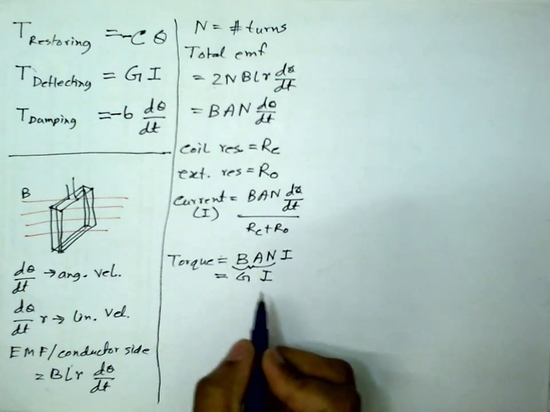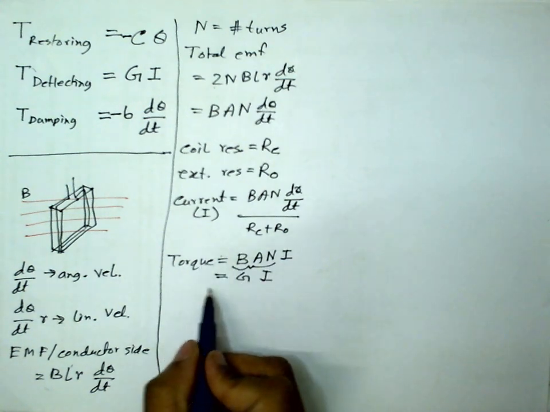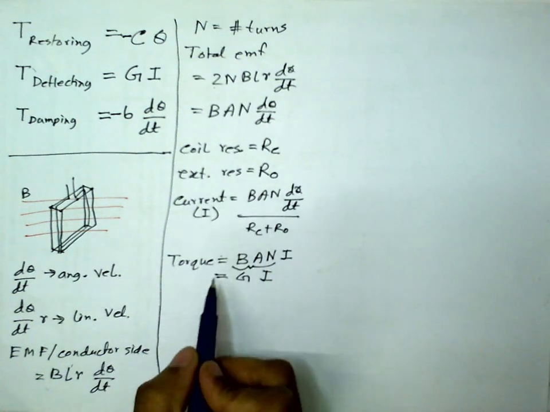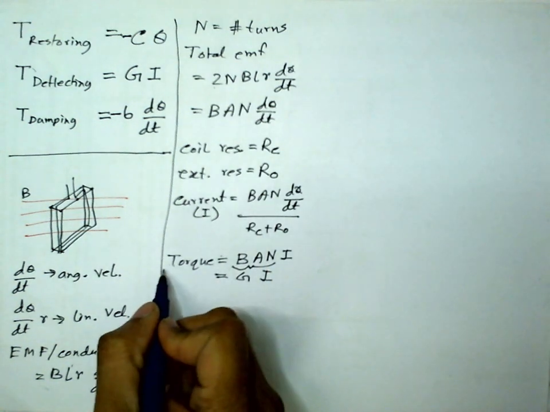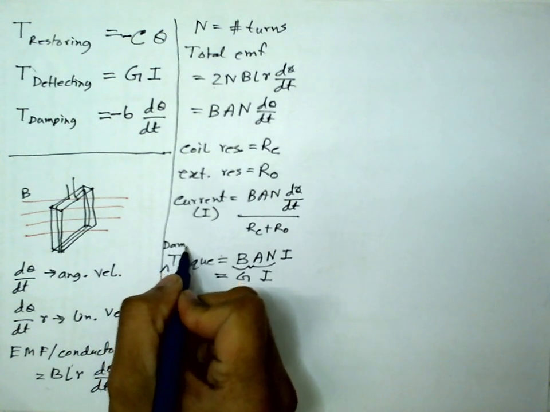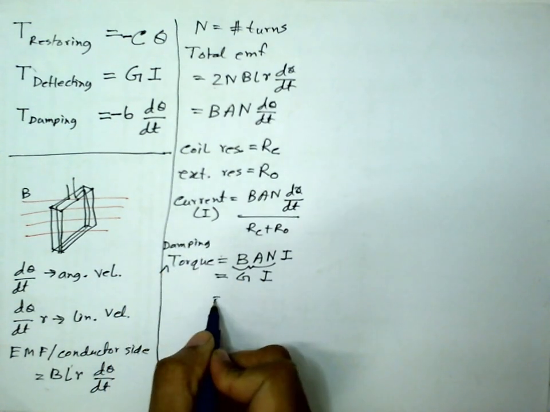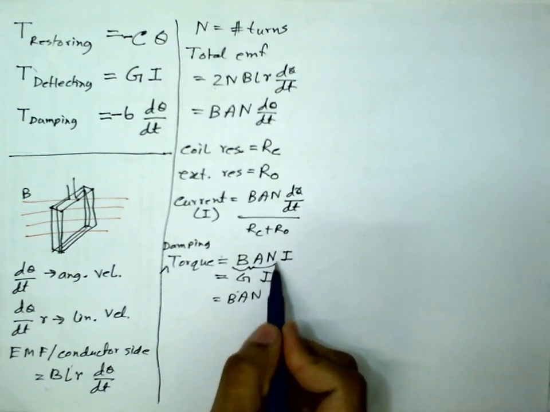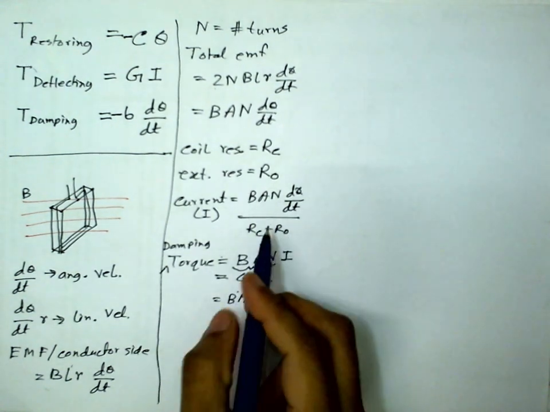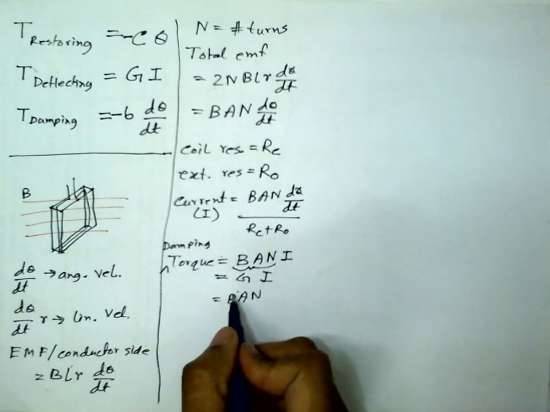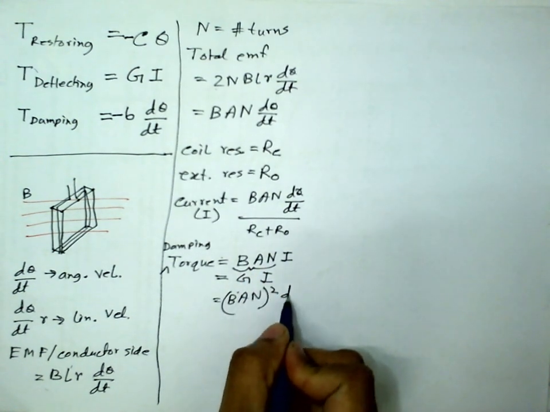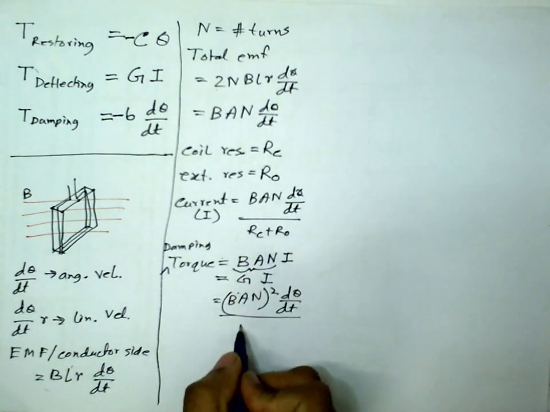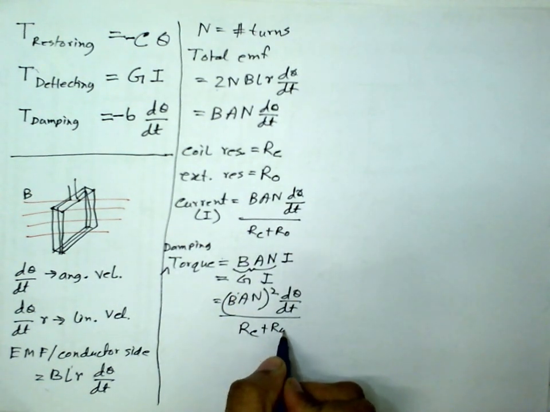So the opposing torque or damping torque will be BAN, in place of I put this value, so I have one more BAN, so it becomes BAN square d theta dt, whole divided by RC plus RO.